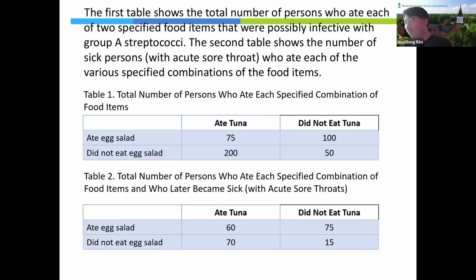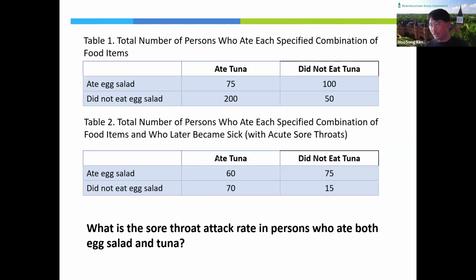Table 1 shows the total number of persons who ate each specific combination of food items, tuna and egg salad. Table 2 indicates who ate each specific combination of food items and later became sick, right? Using these tables, let's get the answer to this question.